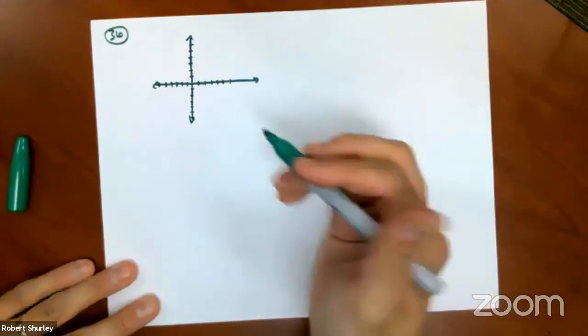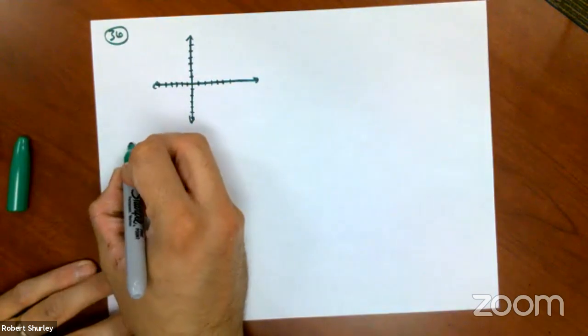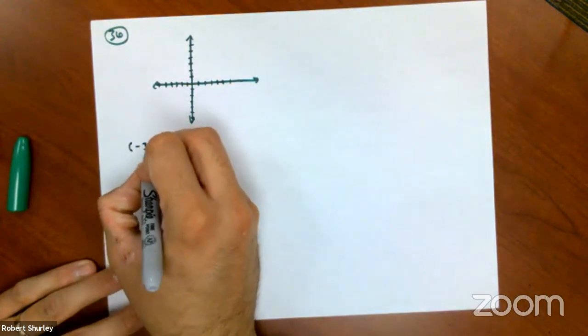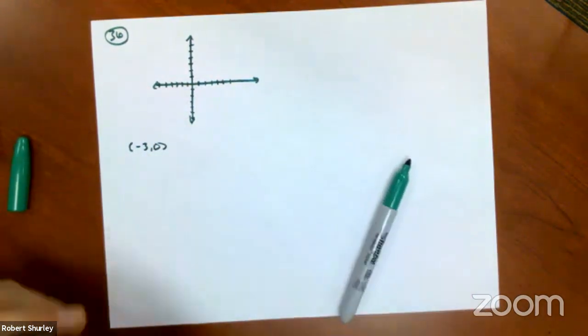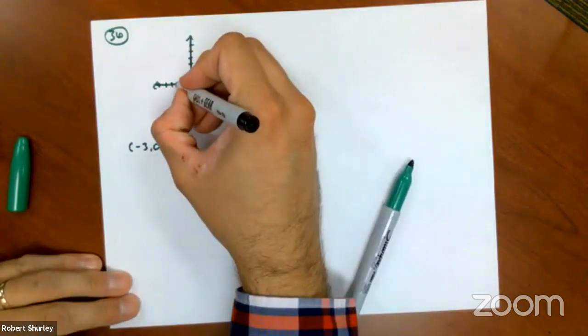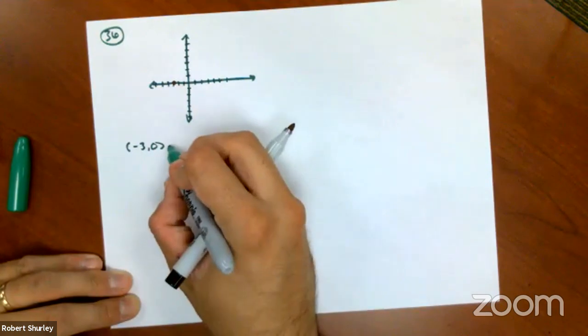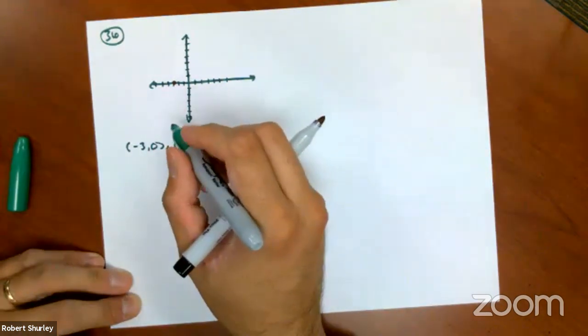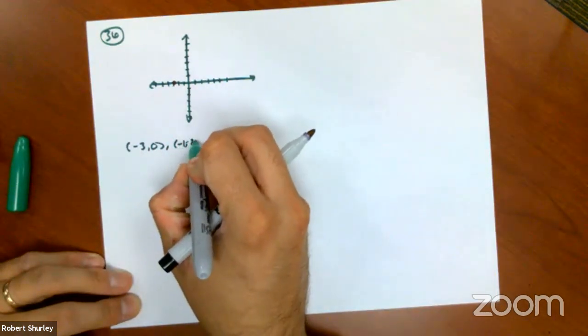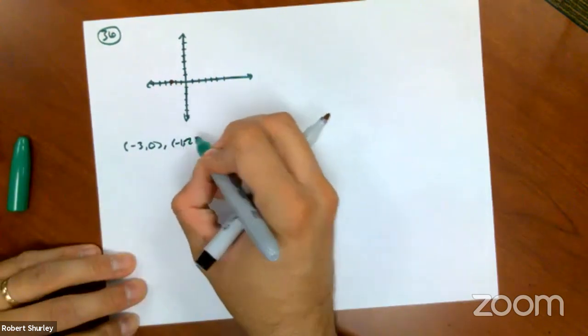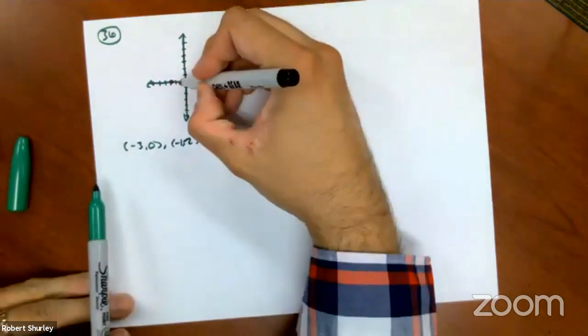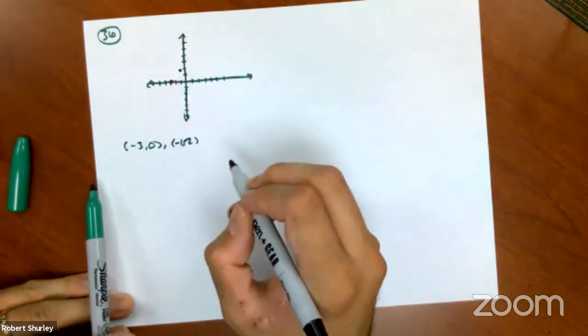And I'm going to write those coordinates down. The first one is -3, 0, right there. Then it gives us -1, +2, right there.